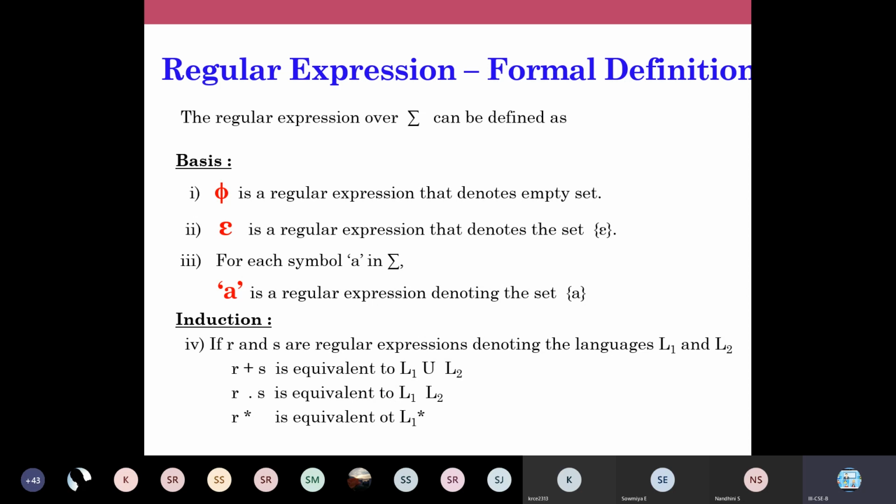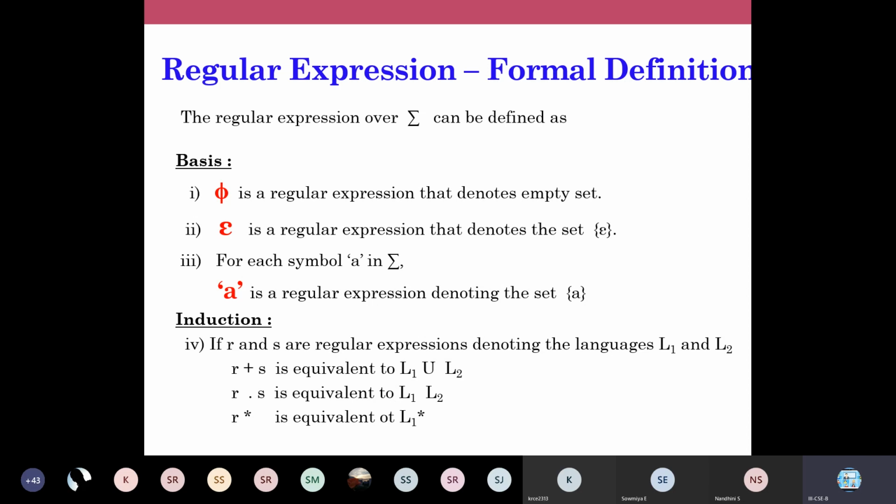First, we'll assume that S of n is true. Similarly, I am taking R and S to be valid regular expressions. If they are valid regular expressions, I am going to build new regular expressions using the three operators: plus, dot and star. If R and S are regular expressions denoting the languages L1 and L2, we can perform a union of these two languages and define a new set.